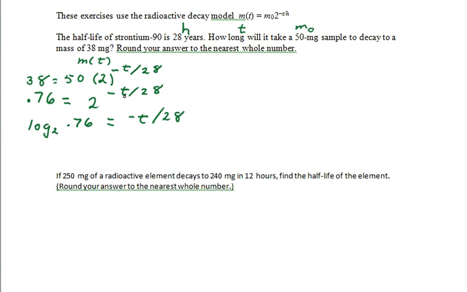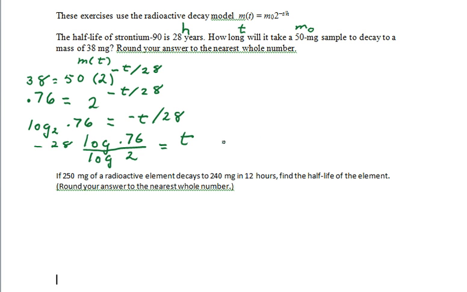And so we can multiply both sides by negative 28 and get negative 28 times the common log of 0.76 over log 2. There I've used the change of base formula. That's the common log of 2 in the denominator, equals t.